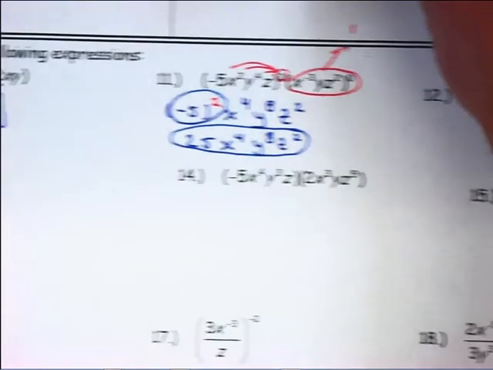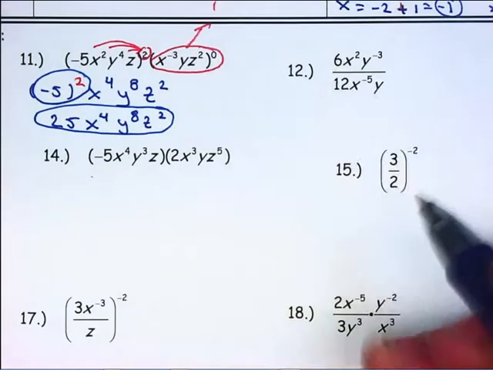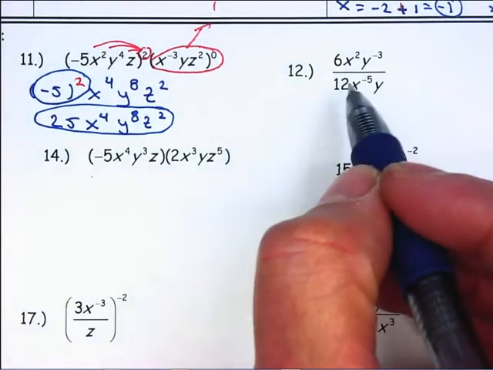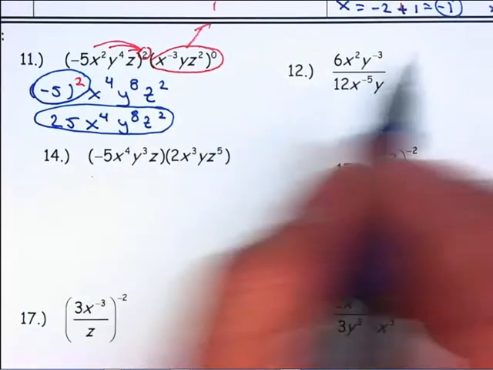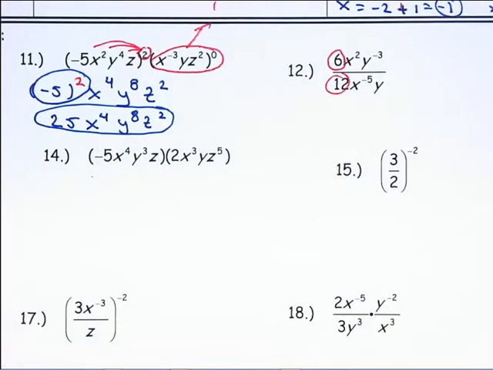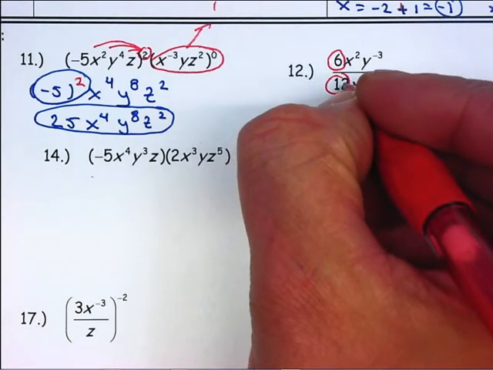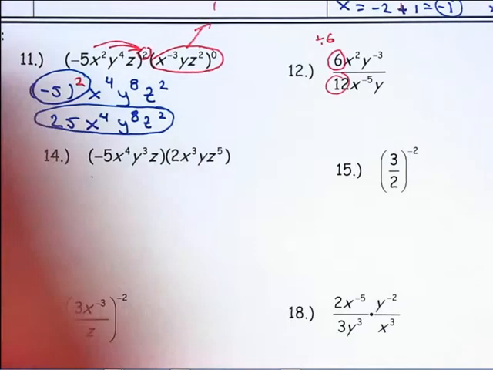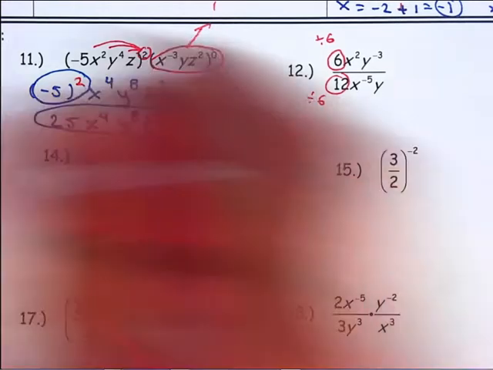We also learned last time, number 12, how to simplify with division. I'm going to first simplify my big numbers, my coefficients. One number divides 6 that also divides 12. I'm going to divide by 6 on each one of them.